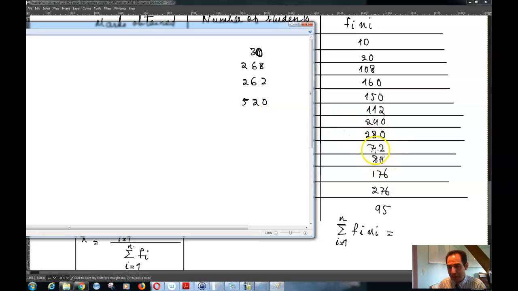72 plus 80 is 152. 176 and 276 is that's 300, that's 176 and 276 and 95.